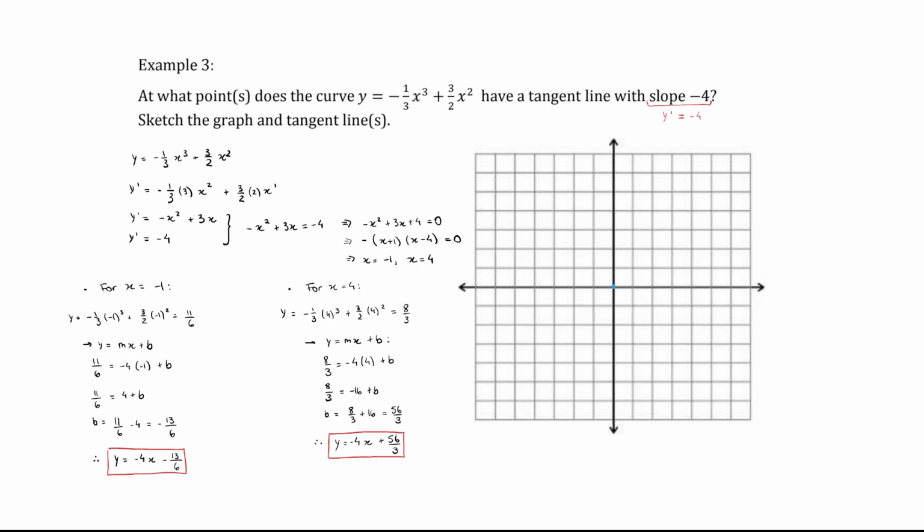If you want to, you can create a little table of values on the side just to guide your sketch. But some obvious values are that the function goes through 0, 0, and it will also go through the point 5, 3. So I'm just going to create a little bit of a scale here.